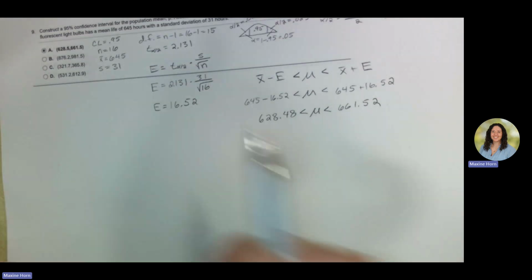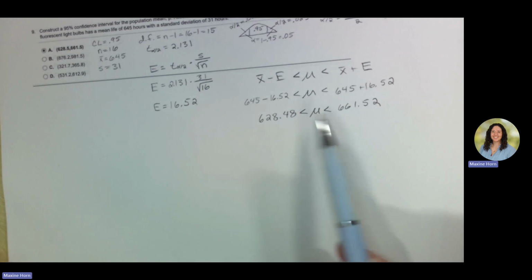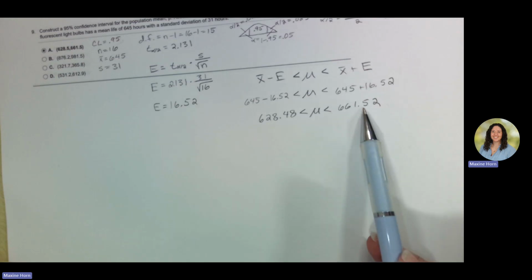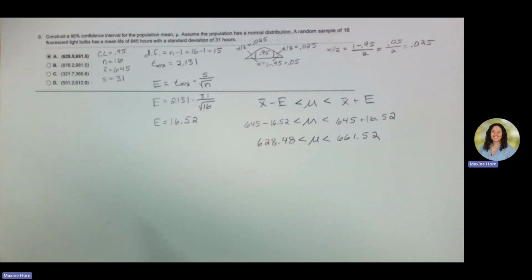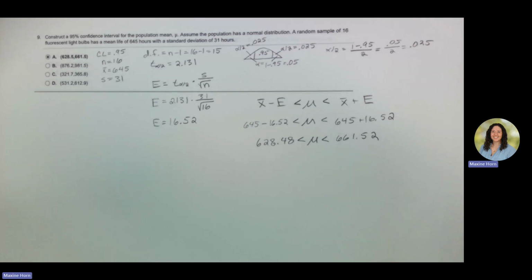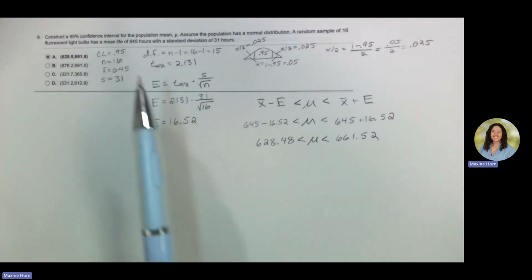So we can say with 95% confidence that the true population mean is between this number and this number. Okay. So again, that was done by hand. And then I showed you how to do that partially in the calculator by finding your T alpha halves in the calculator, right?